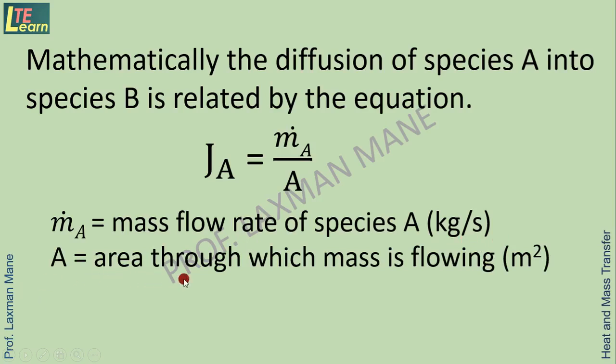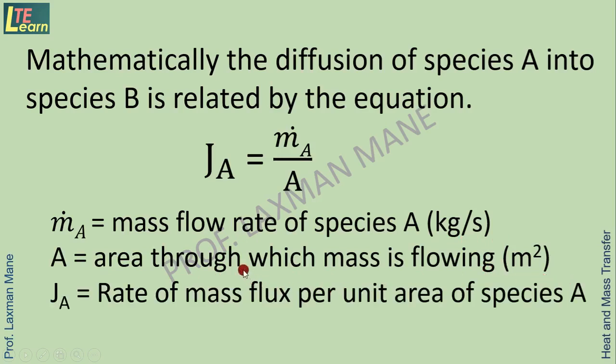A is the area through which mass is flowing, unit is meter square. So JA, that is the rate of mass flux per unit area of species A, its unit is kilogram per second meter square.